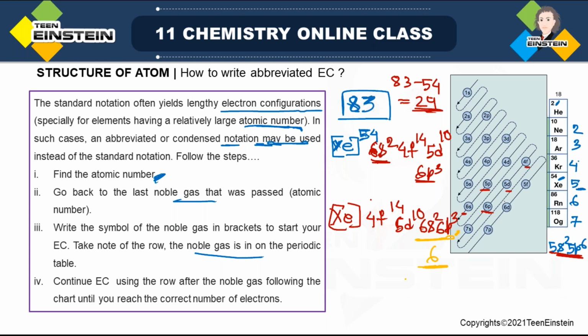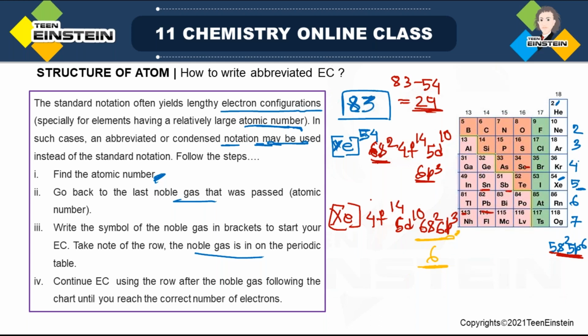It is a P block element from the 6th period. Basically, now you can see I have already placed here the P block 6. That means it should be this. It is Bismuth.